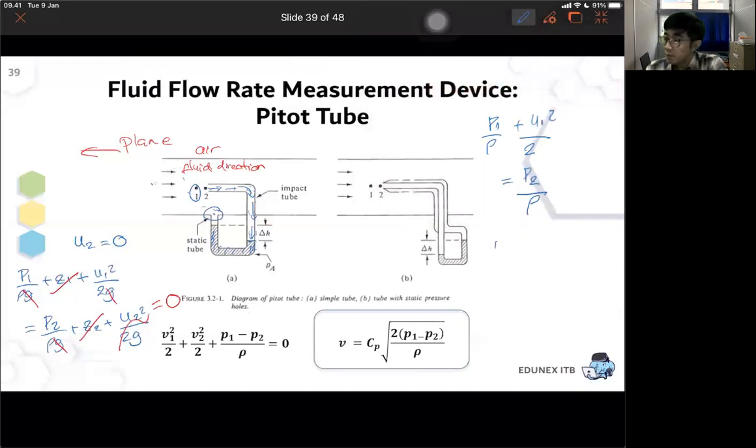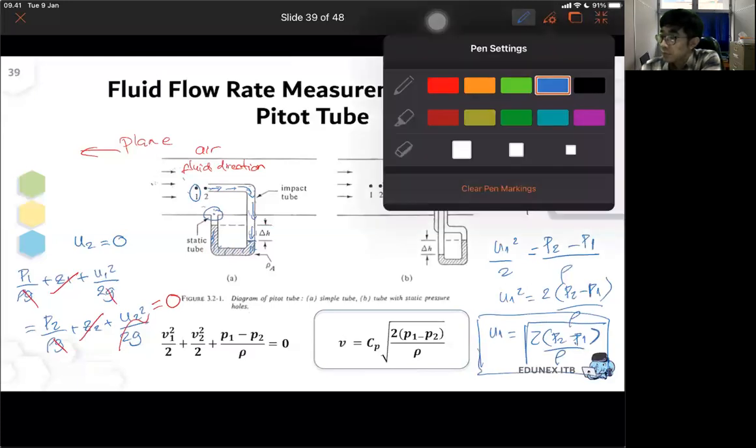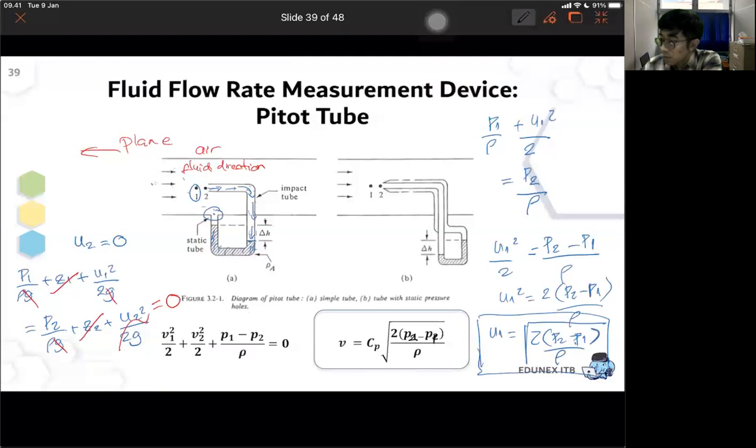Okay, so you will have this equation. Sorry, there are a lot of typos in this slide.